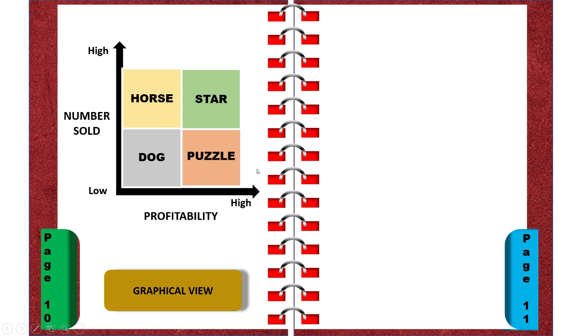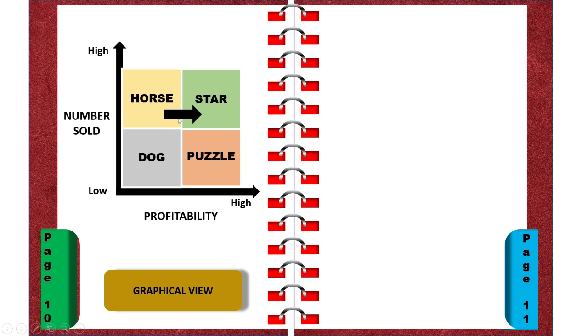It is very clear. And the name of this matrix, before I name the matrix, we can see the items in the horse category: if you take the right decision, because horse has low profitability and high popularity, we can make an effort to increase the profitability of the item which belongs to the horse category, and if it is increased, it will automatically be transferred to the next category, that is star.